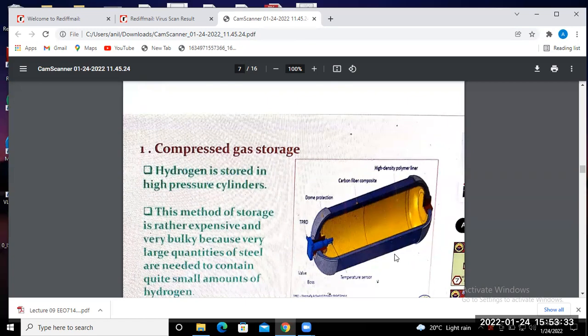Compressed gas storage of hydrogen is rather expensive and very bulky because a very large quantity of steel and other materials are required. A large quantity of steel is needed to contain quite a small amount of hydrogen gas. Suppose you have to store hydrogen in gas form, then the structure and material cost will be very high.